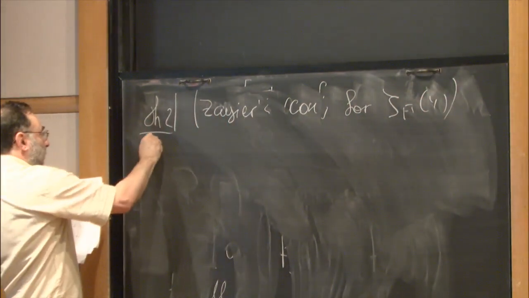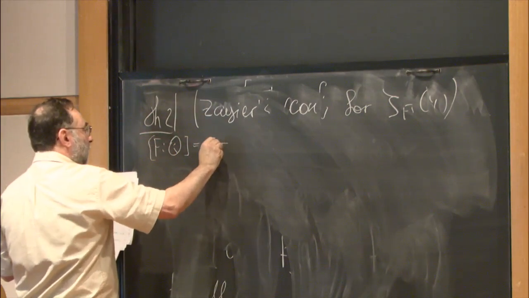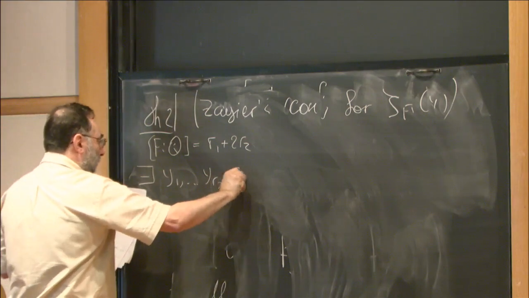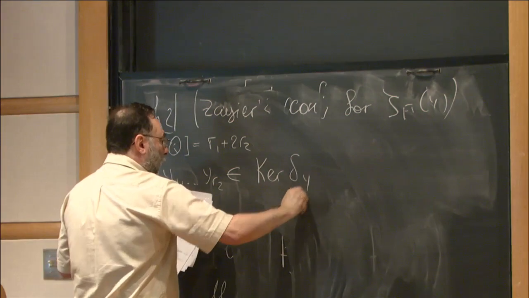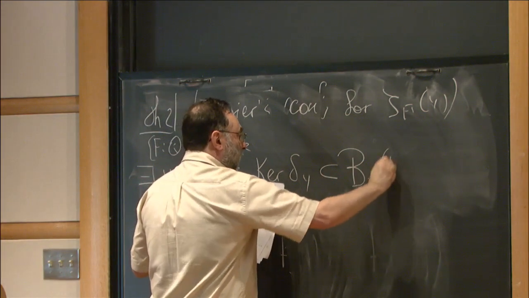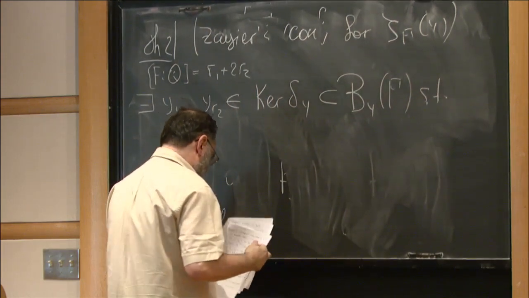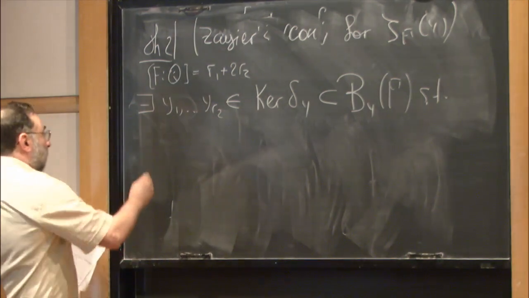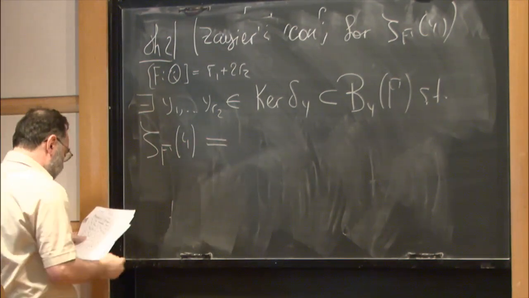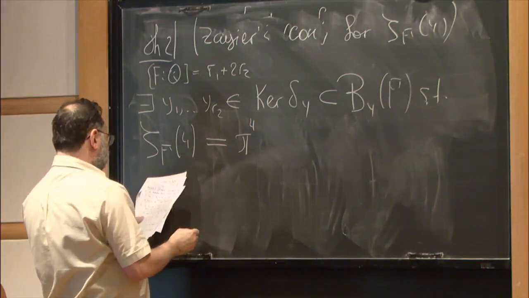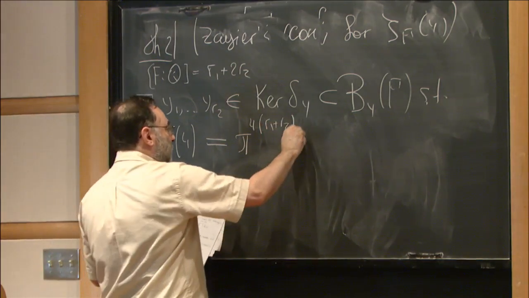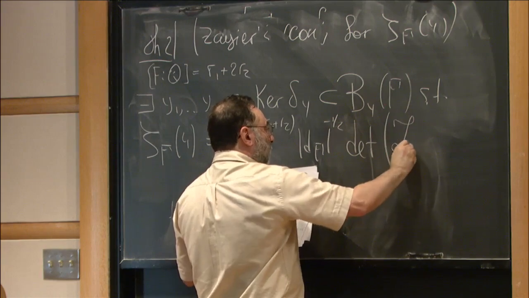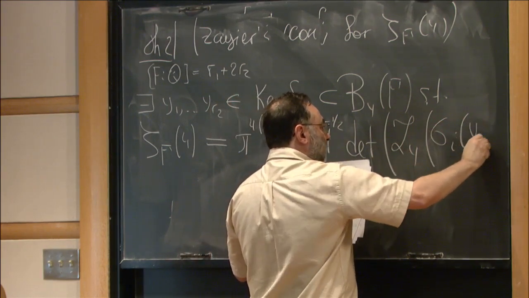So it says that if you have standard numbers assigned to the number field, so if this is R1 plus 2 R2, then there exist some elements y1 and so on, y_{r2}, which belong to the kernel of this map delta 4, which sits by the very definition in the group B4 of F, such that zeta_F(4) equals pi to the 4 (R1 plus R2) times the square root of the discriminant as usual, and most importantly the determinant of those L, for logarithms, evaluated on embeddings of these elements y_j.